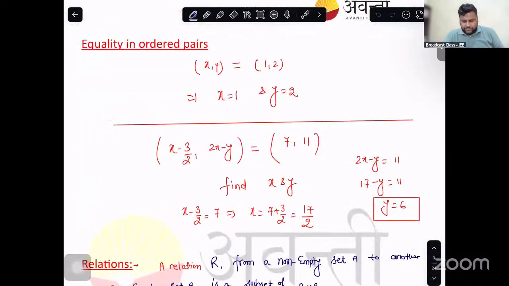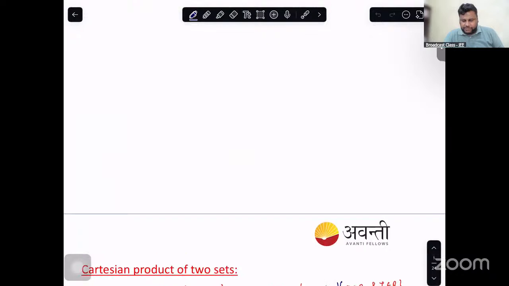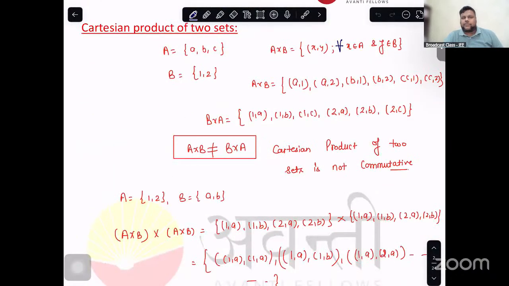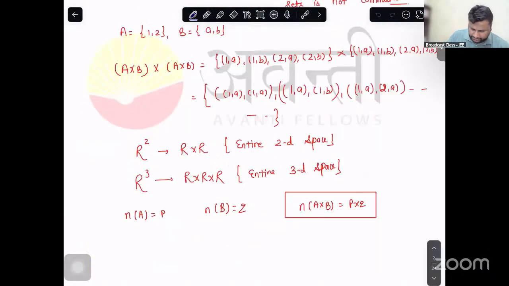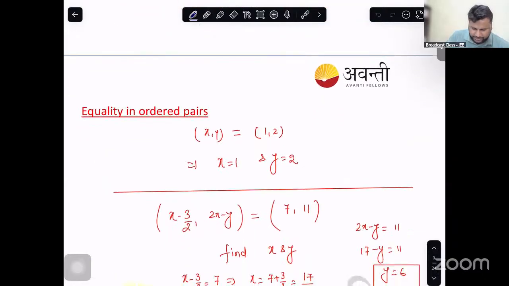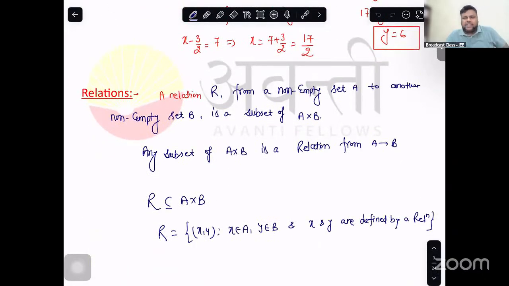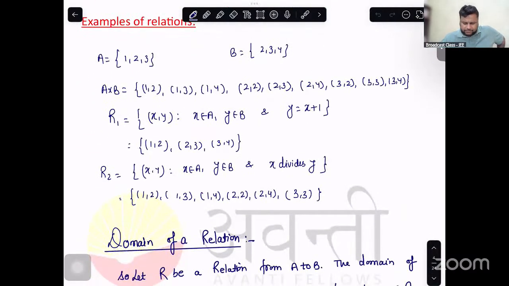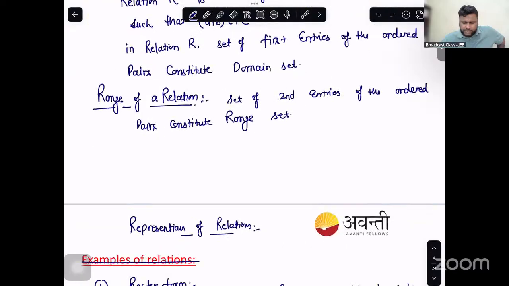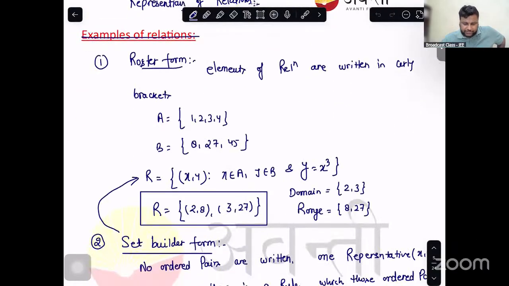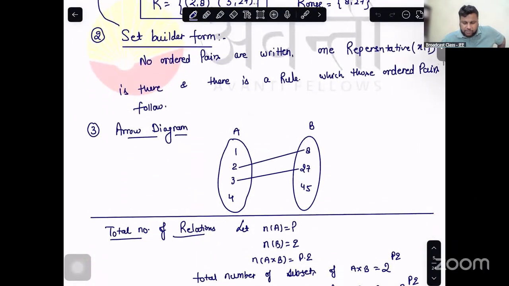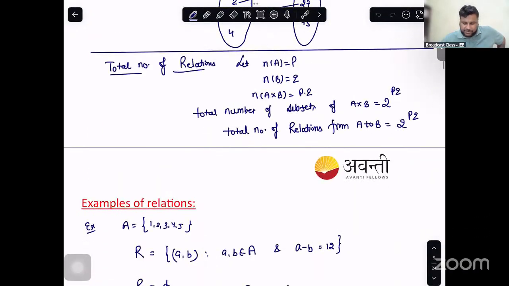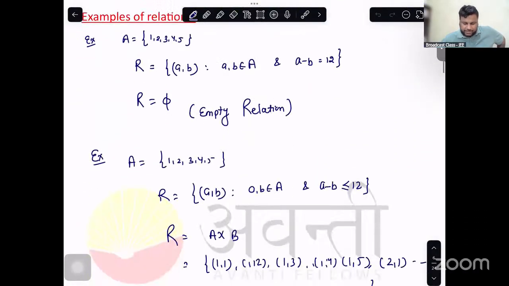Okay, so yesterday, what all we have done, first of all, we understood about the Cartesian product of two sets. Then we have done equality in ordered pairs. Then we have done the relations. Relations is what? It is a subset of Cartesian product A cross B. Then few examples of relations, what is their domain, what is their range, and how to write a relation in roster form, set builder form, and arrow diagrams.